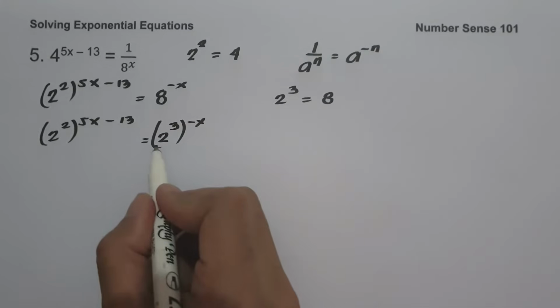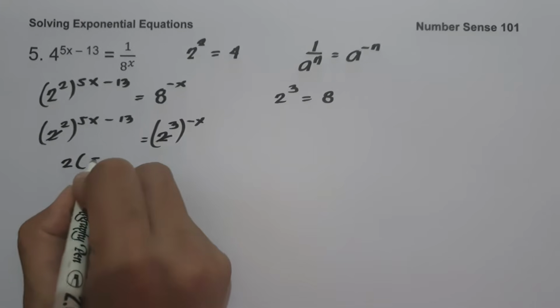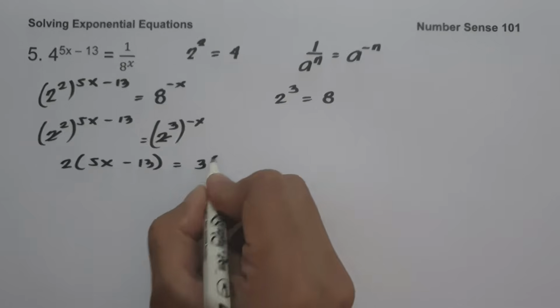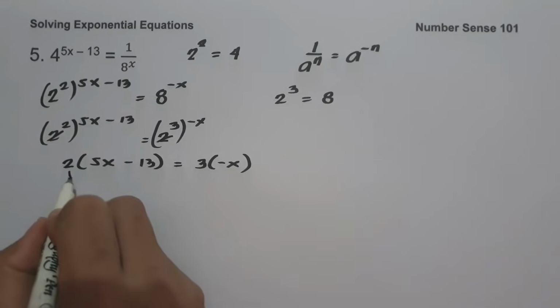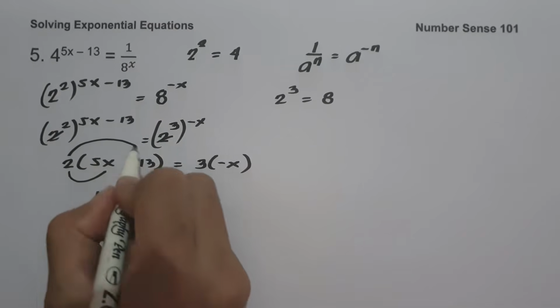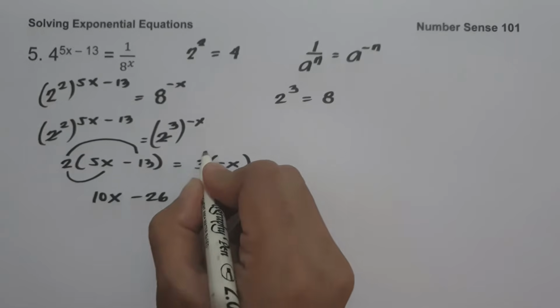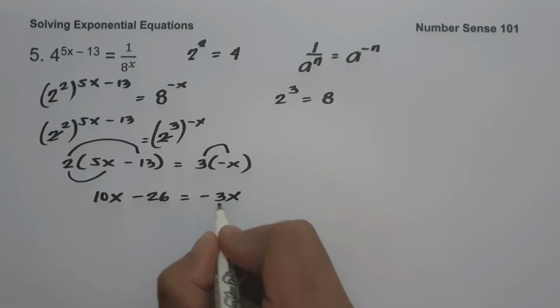Since we have the same base, let us cancel the base, and let us have 2 multiplied by 5x minus 13 equals 3 times negative x. 2 multiplied by 5x, that is 10x. 2 multiplied by negative 13 is negative 26 equals 3 multiplied by negative x, that is negative 3x.